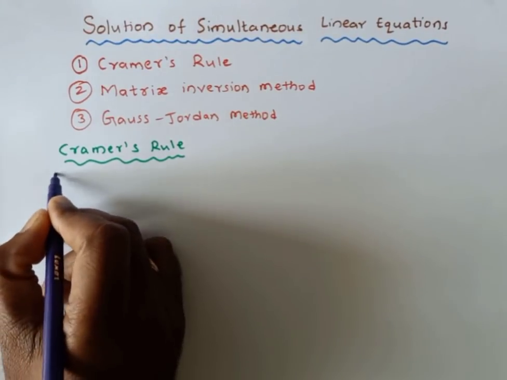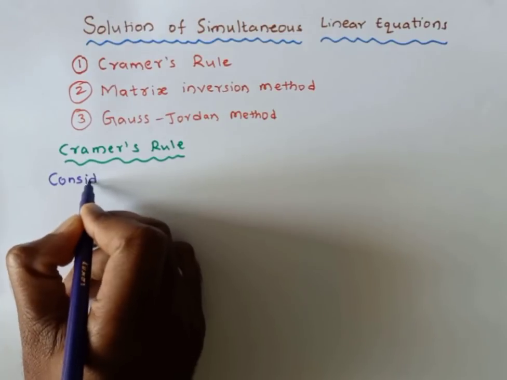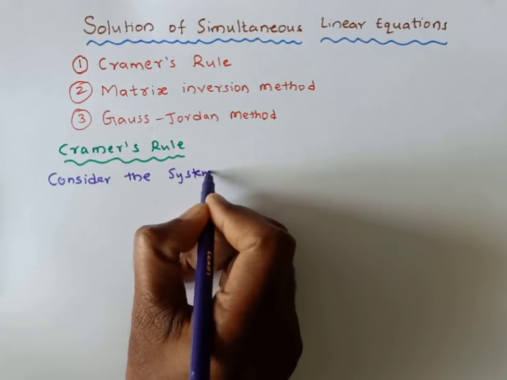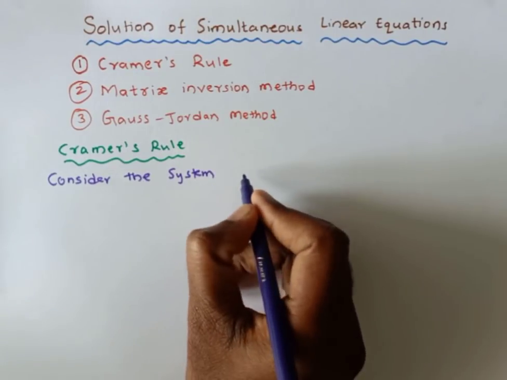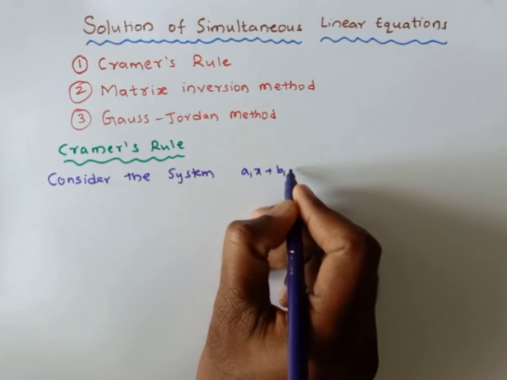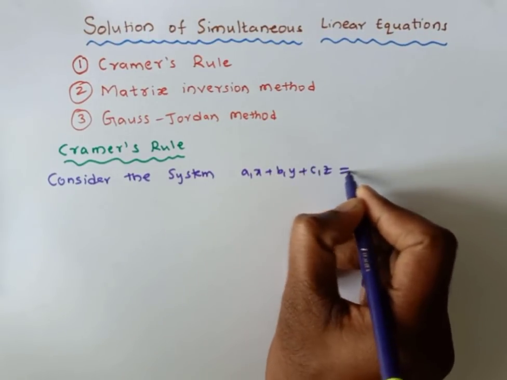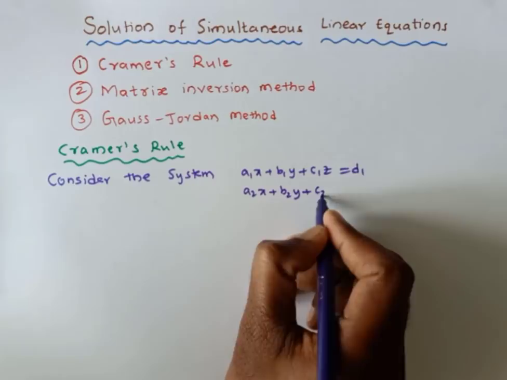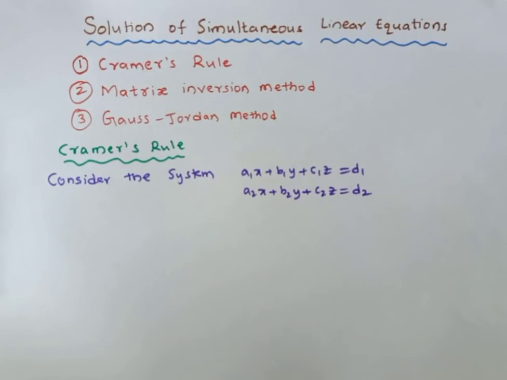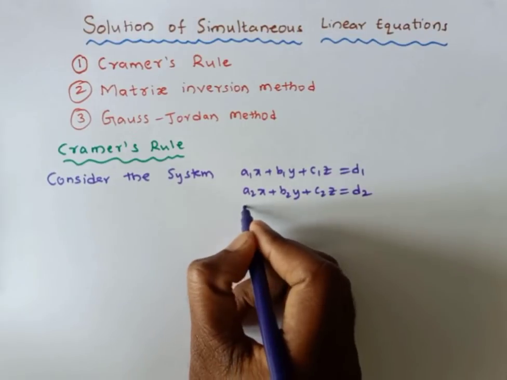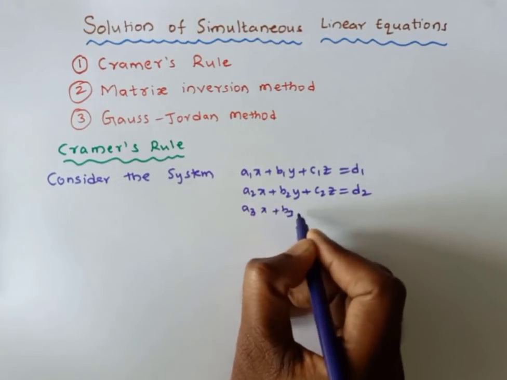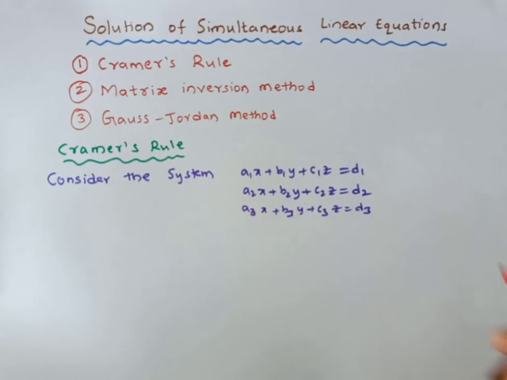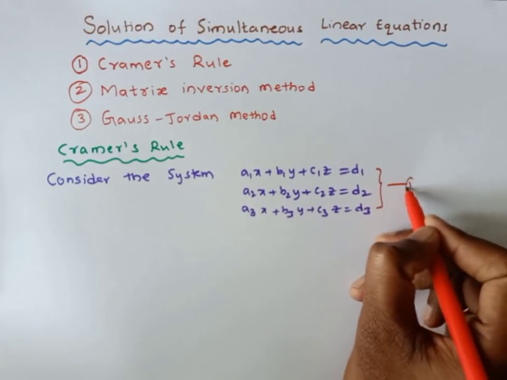Let us consider the system, with three equations in three variables: a1x plus b1y plus c1z is d1, a2x plus b2y plus c2z is d2, and a3x plus b3y plus c3z is d3. Let us call this system 1.